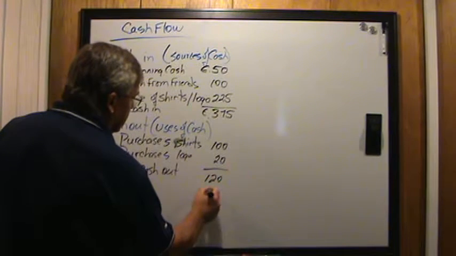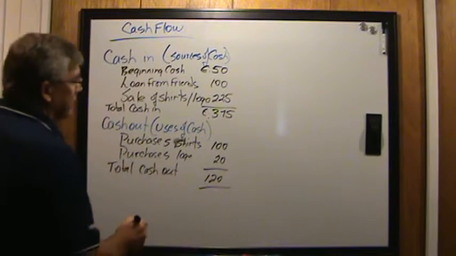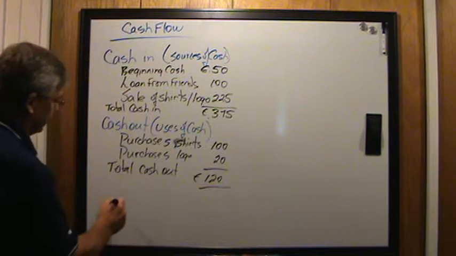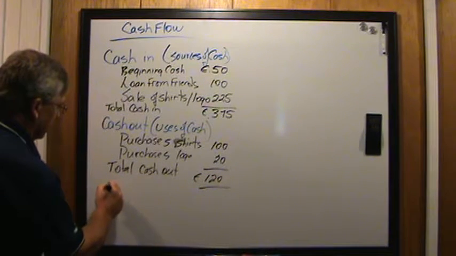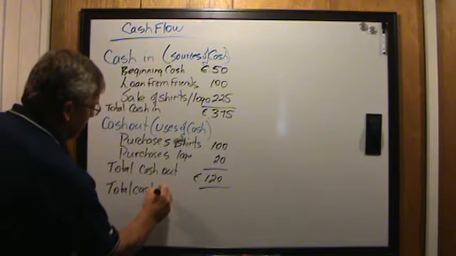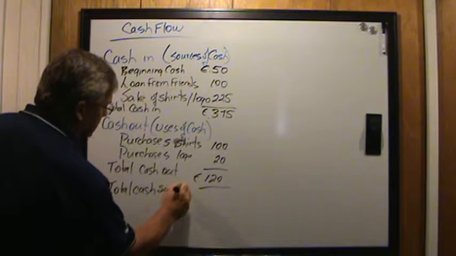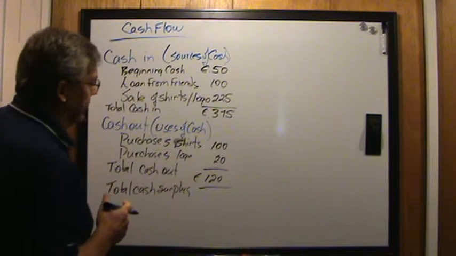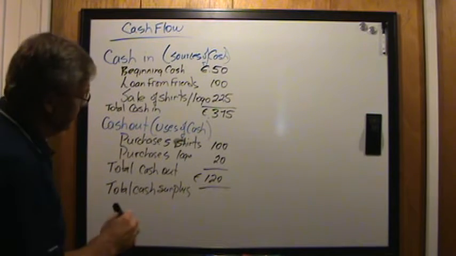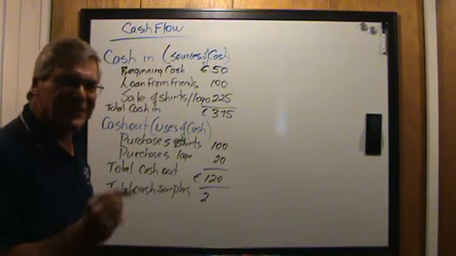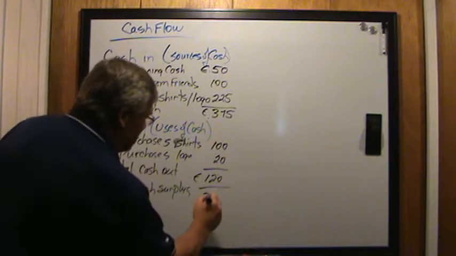It is 120 euros, and if we subtract the cash out from the cash in, we'll discover that our total cash surplus is 255 euros.